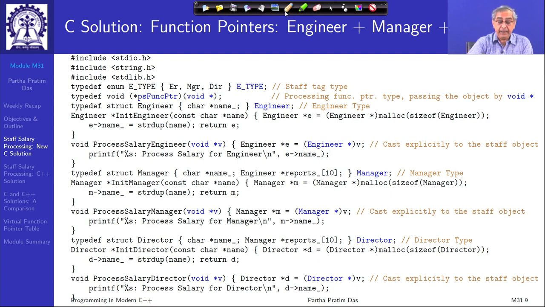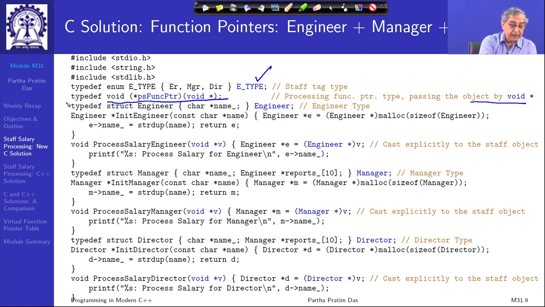So, here is the tag type which we had earlier. This is where I am defining the function pointer for the processing type, PS func pointer, a pointer to processing functions which take void star, and the objects are passed by void star.